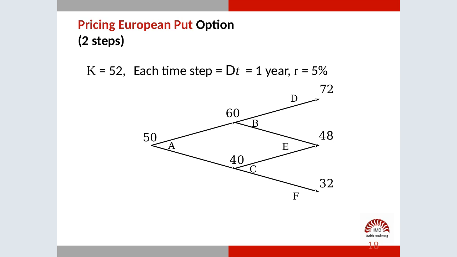When will the put be in the money? When do you think the put will be in the money? Market price greater than the strike price, or market price less than the strike price? Which one? In a call option, you were getting money when the market price was more than the strike price.